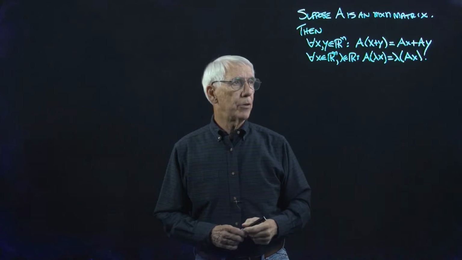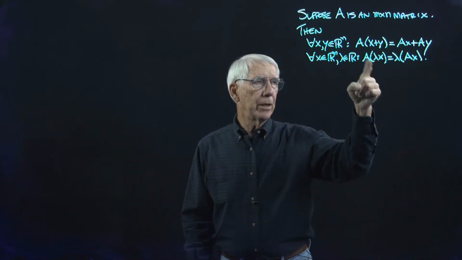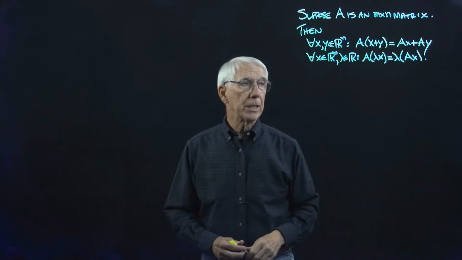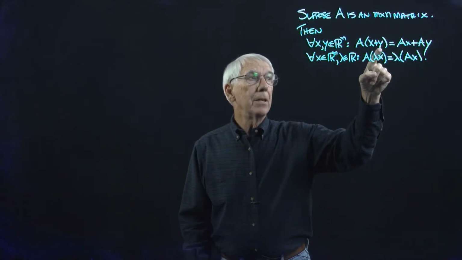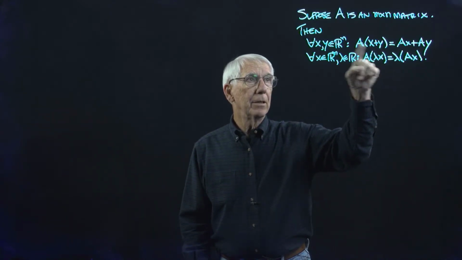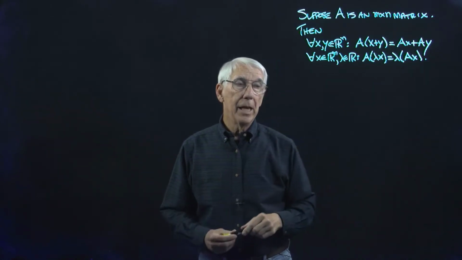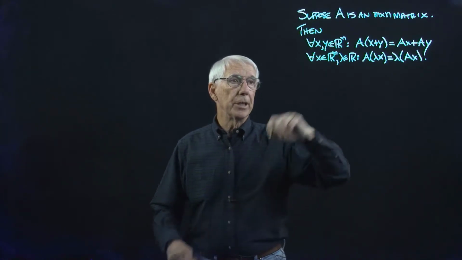But you'll notice that what I have as the arguments in here, the vector that's being pre-multiplied by the matrix, is the vector that's formed by vector addition of these two vectors, and this is the vector that's formed by scalar multiplication. And that's kind of the key as to why I wrote these two consequences here.